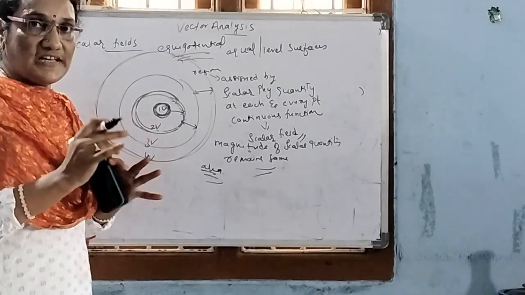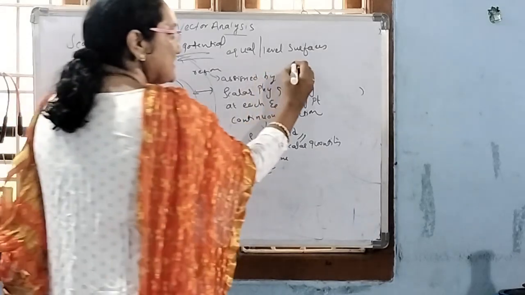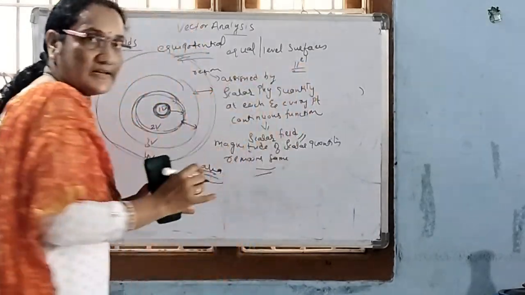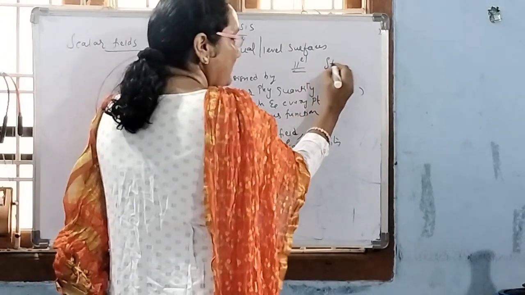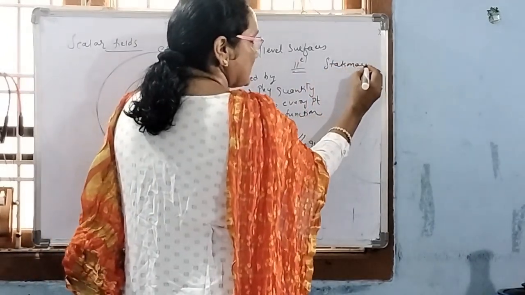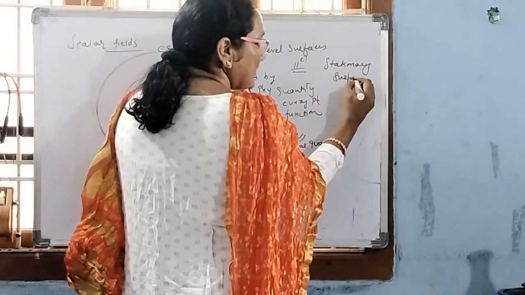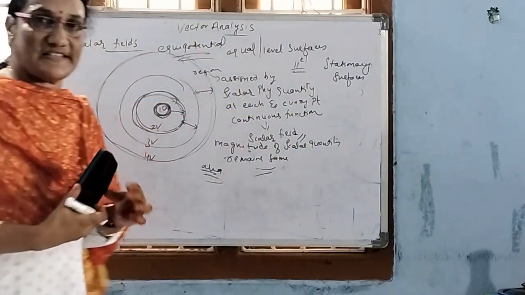And lastly, if these surfaces are parallel to each other, we call them stationary surfaces.